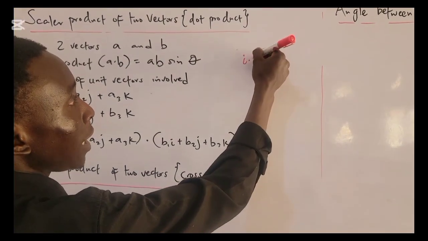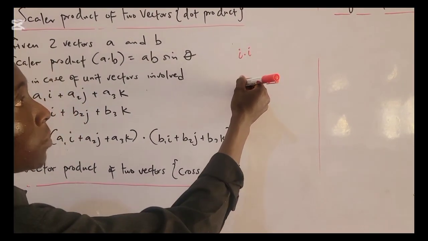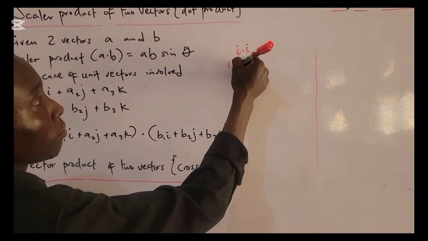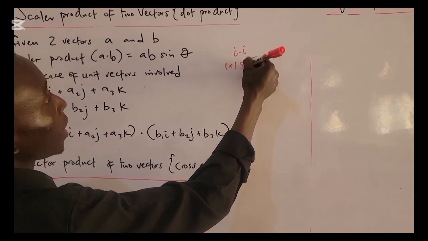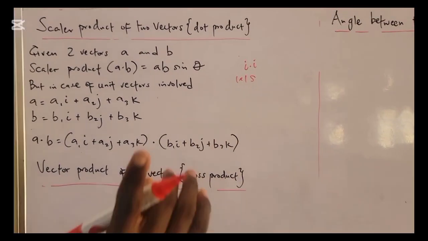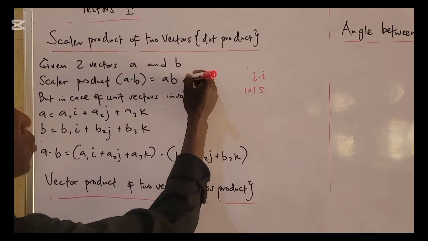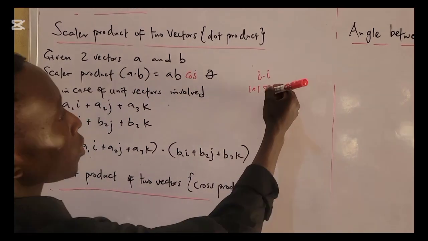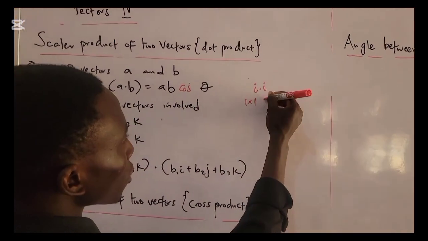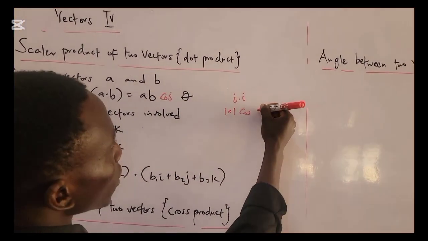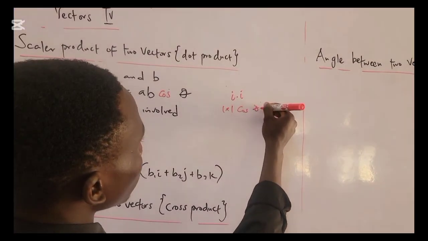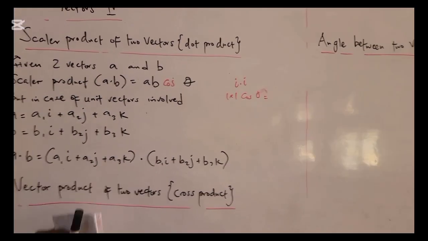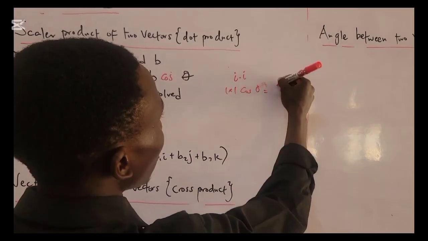For example, now you are having i dot i, and you are looking for the scalar product. Maybe 1 multiplied by 1, then you have cos 0. Sorry, this should be cos, not sine. Sine is your vector product. Cos 0 is 1, so you have 1.